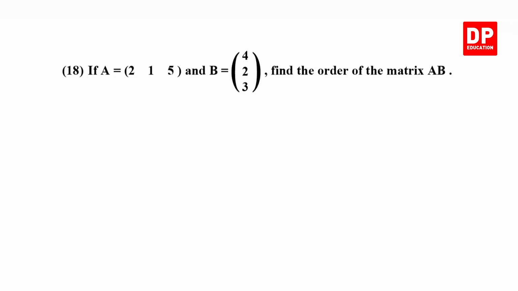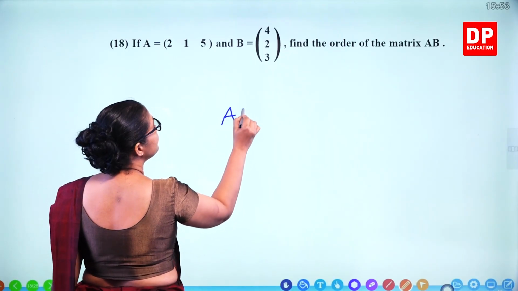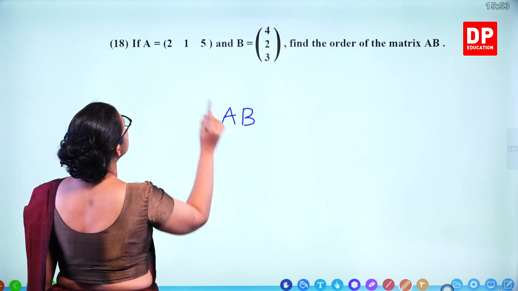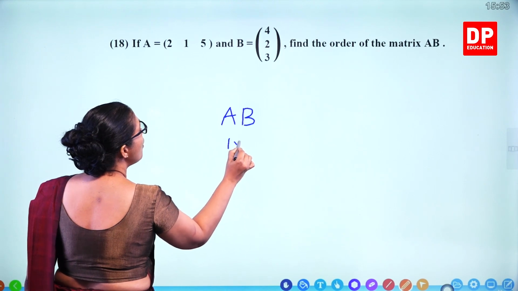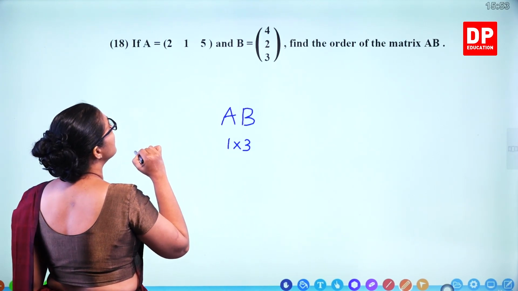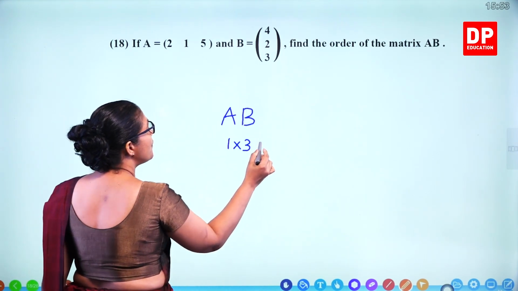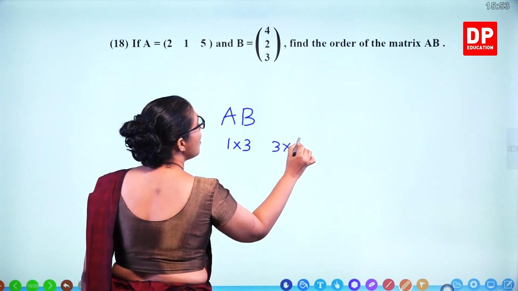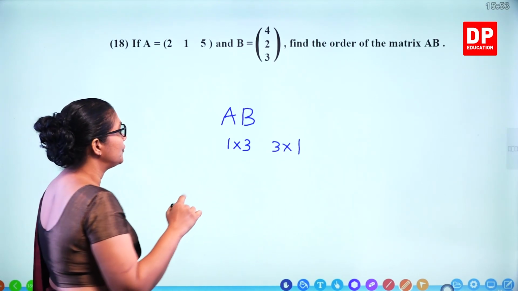Question number 18. Matrix A is given, B is given. Find the order of the matrix AB. A is 1 row, 3 columns. B is 3 rows, 1 column. So 3 by 1.